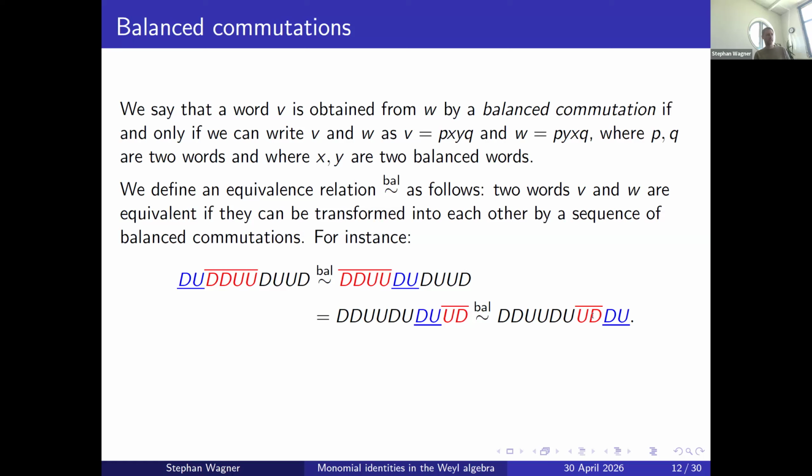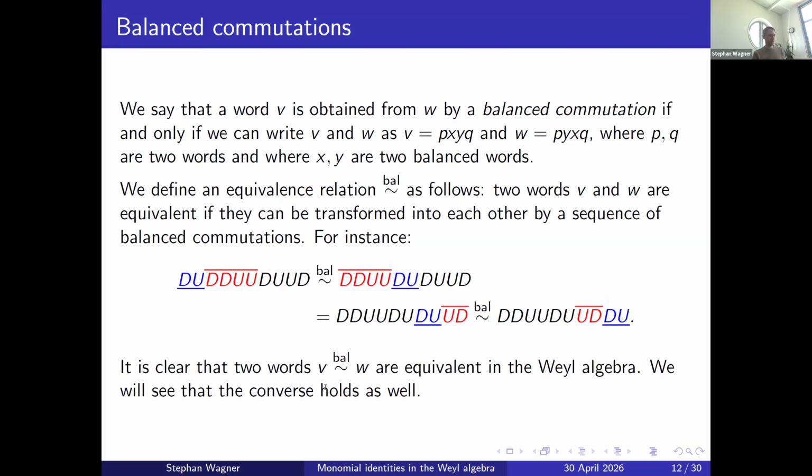So I can also exchange this, meaning that my original word DU, DDU, DU, UD is balance equivalent to the word at the end, DDU, UDU, UDDU. I can do this as often as I want. Any two words that I can transform into each other by such operations are called balance equivalent. They are denoted by this equivalence sign.